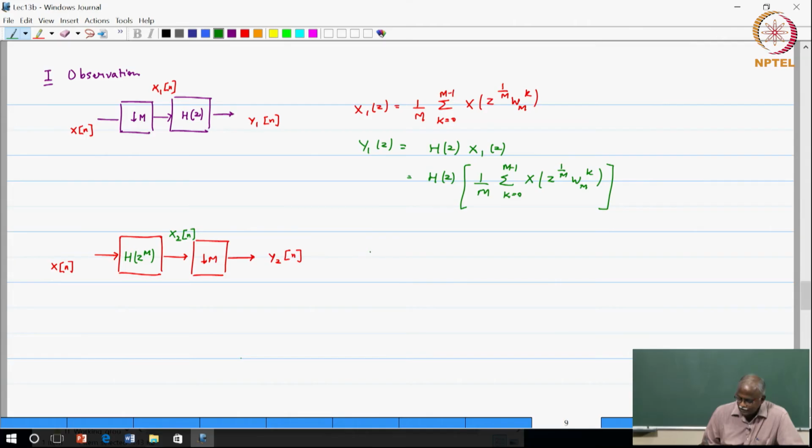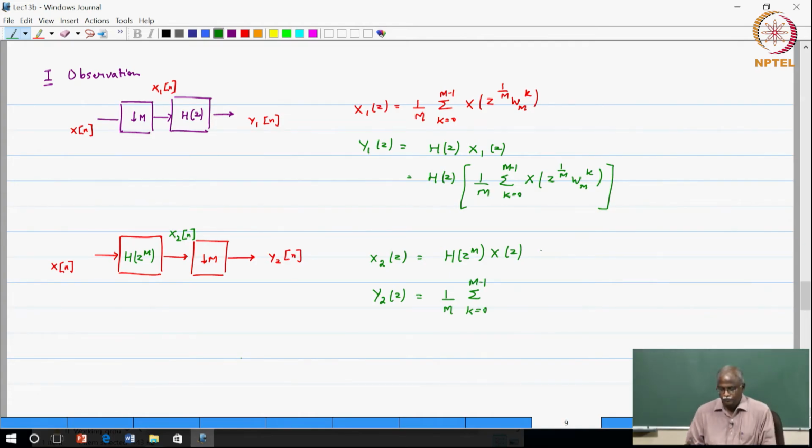The first step says I have x2 of z, that is h of z power m times x of z. y2 of z is a downsampler, 1 over m summation k equal to 0 to m minus 1, x2 of z power 1 over m w m k. Right.